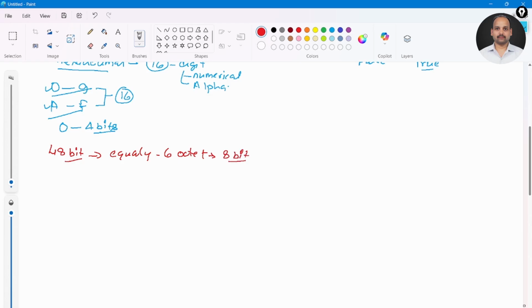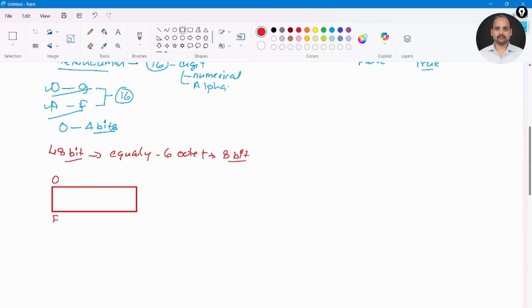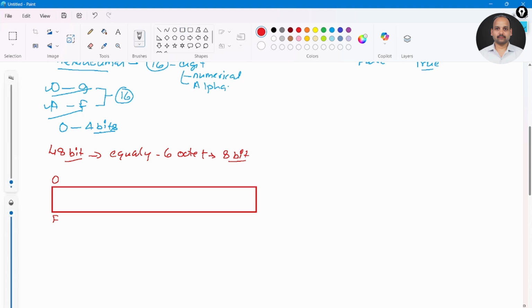So you will see that the lowest value is 0 and the highest value is F, for every octet you are going to use. If I put it here, it is divided into 6 octets.